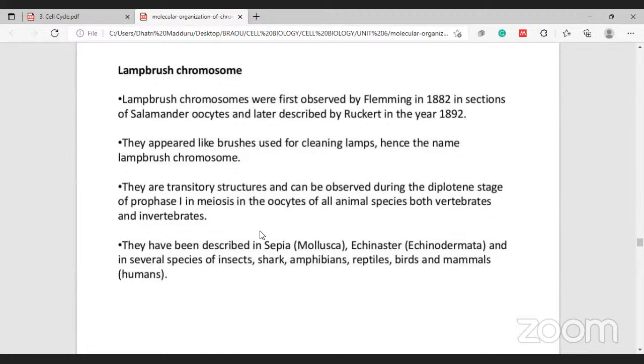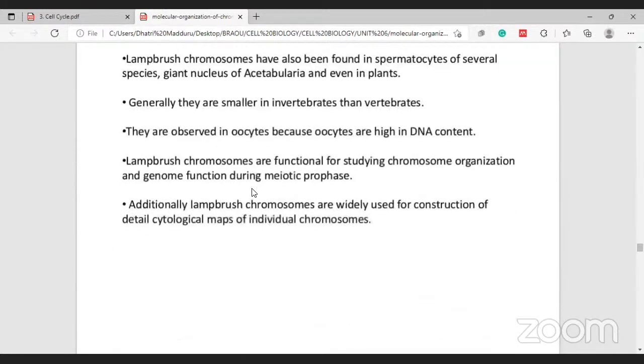The structures are transitory in the diplotene stage, usually of prophase I of meiosis. They are also seen in Sepia, that is Mollusca, Echinodermata, and other species, insects, sharks, amphibians, birds, reptiles, and even in mammals; in humans also they have been described.